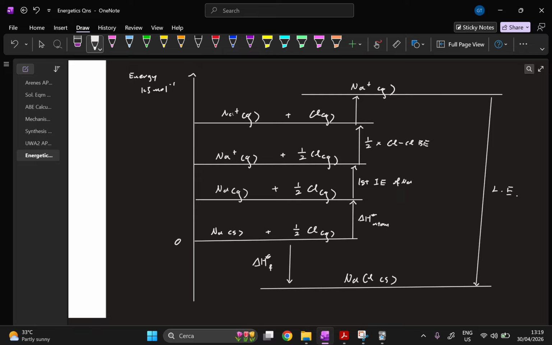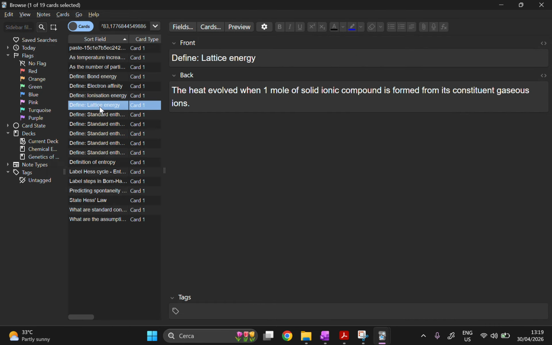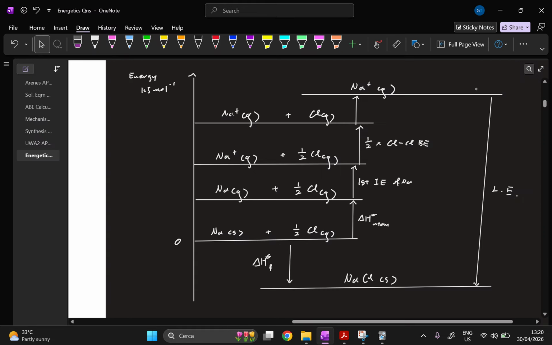So let's go back to the definition of lattice energy, which is in my Anki cards. I'm just going to use this stack of cards to pull out our definitions now. So lattice energy is the heat evolved when 1 mole of solid ionic compound is formed from its constituent gaseous ions. So now that we have this definition in mind, do you see why, in order to go from something to NaCl, this something must be gaseous? That's why this must be gas, this must be gas.